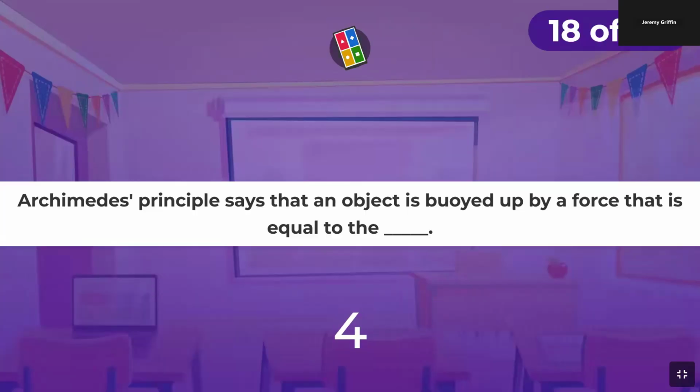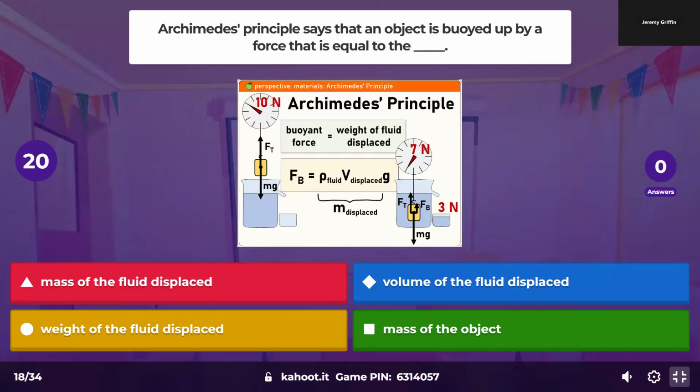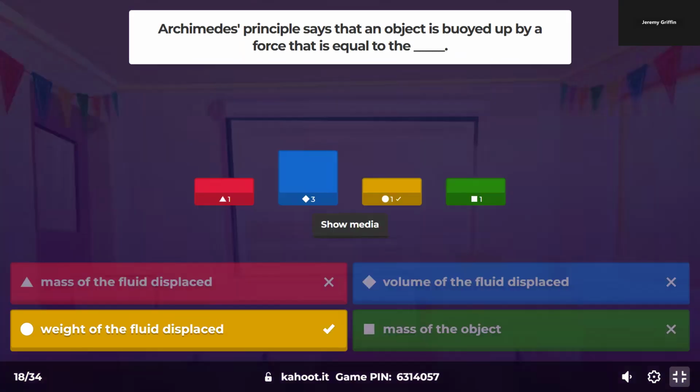Archimedes' principle says an object is buoyed up by a force that is equal to the weight of the fluid displaced.